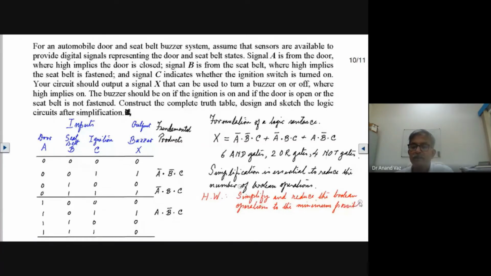And then work out how many AND gates you require, how many OR gates you require, how many NOT gates you require, and how many inputs are there for these gates. So in terms of gates and inputs. And I expect all of you to try this by yourself.